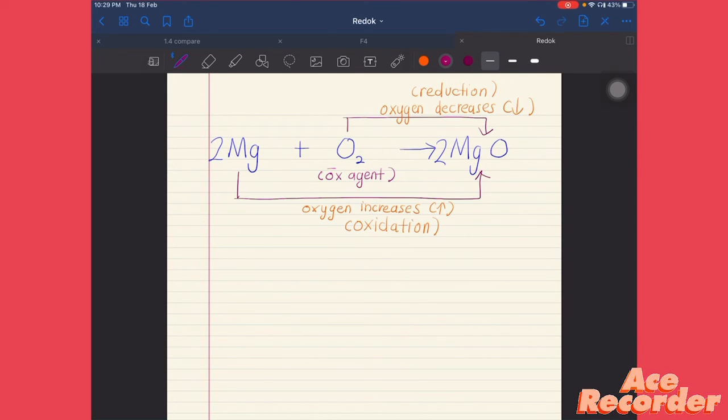So I repeat, this one undergoes oxidation, and the other reactant becomes the oxidizing agent. Another example, oxygen gas undergoes reduction. So the other friend will act as the reducing agent.